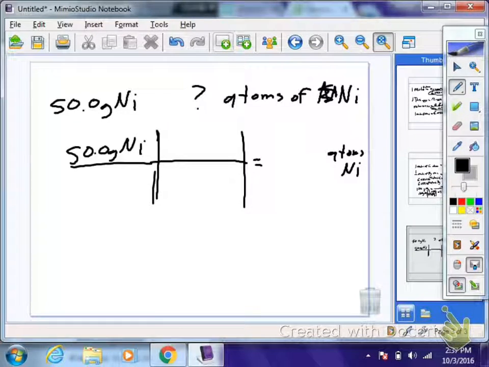Are we going to use 1 mole in this example? No. It's not asking for moles, and you're not given moles. So we're not going to do moles. Are we going to use grams in this example? Where do we get the grams off of? Periodic table, right? So we look up nickel. Nickel is 58.693.